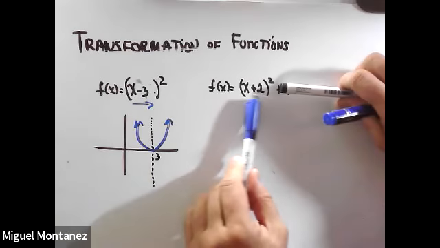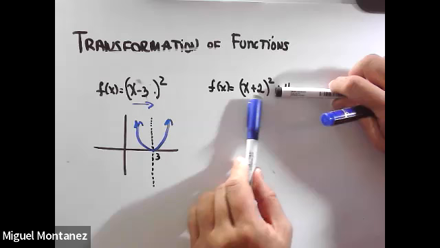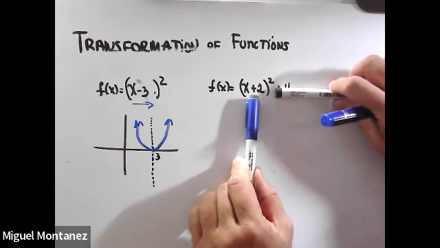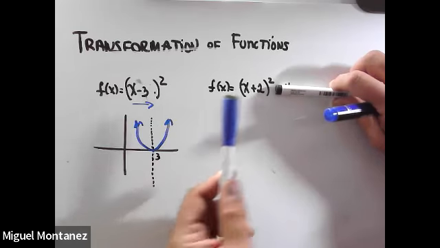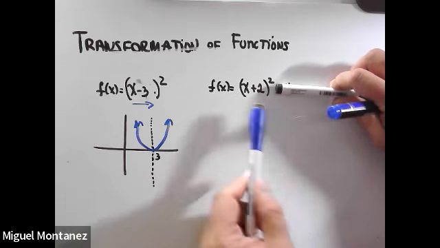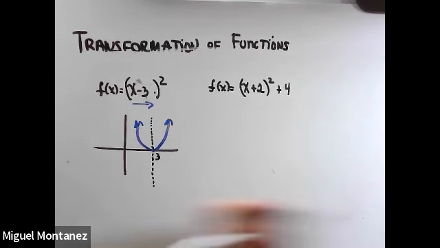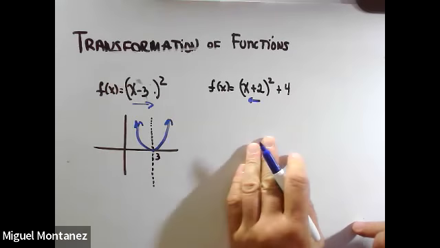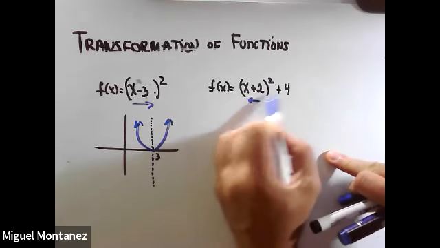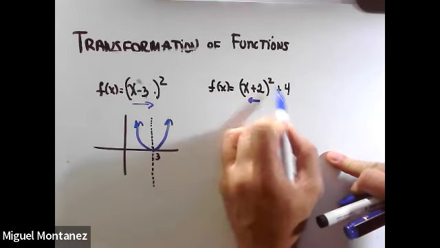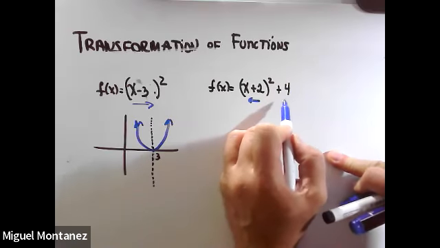Since I'm adding 2 inside, I'm affecting the x. Therefore, this is a horizontal shift. Either we go to the left or to the right. Since I'm adding 2, we go left. After I square, to that result of the square action, we go 4 up.